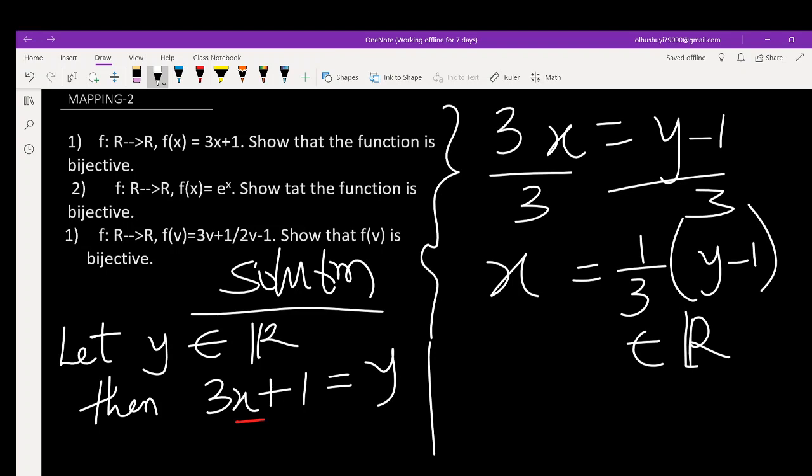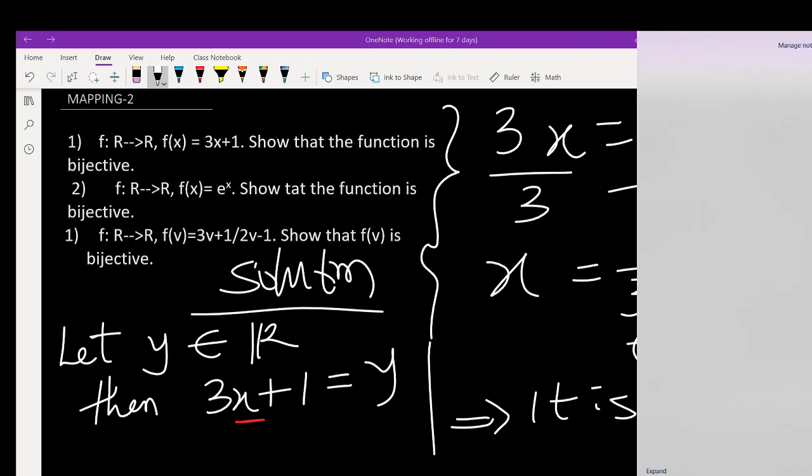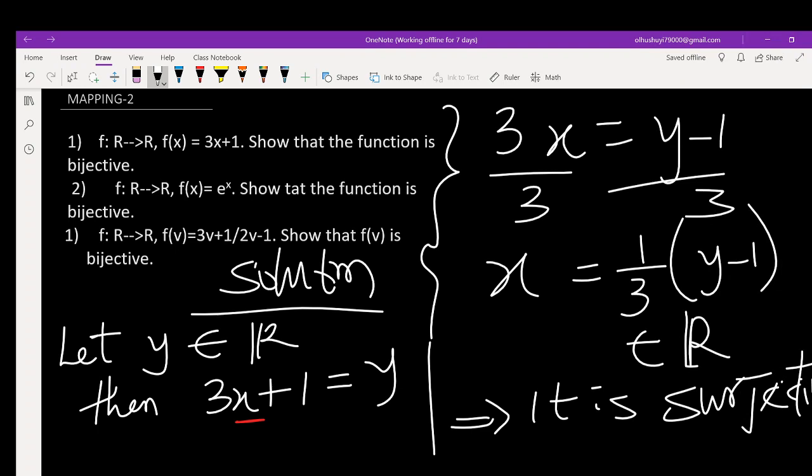So it shows that no matter the value of y you take, if you take y to be 0, 1, 2, minus 2, whatever, everything we get here will belong to the set of real numbers. This implies that it is surjective. So once it is surjective, we are good to go.